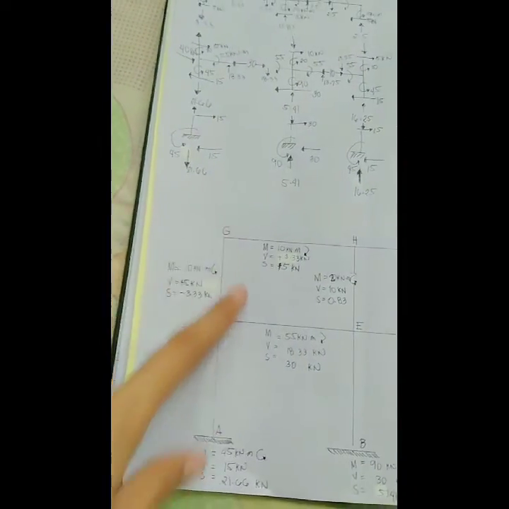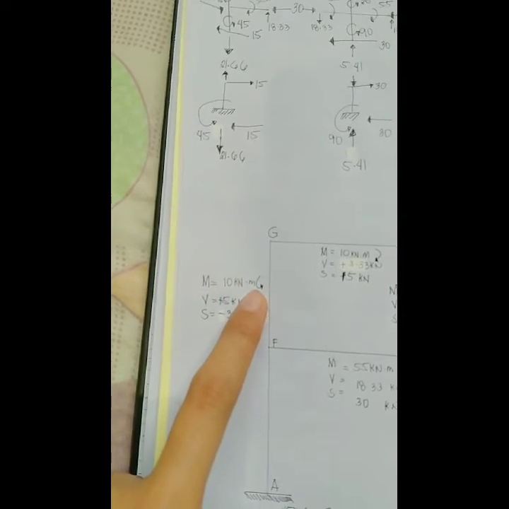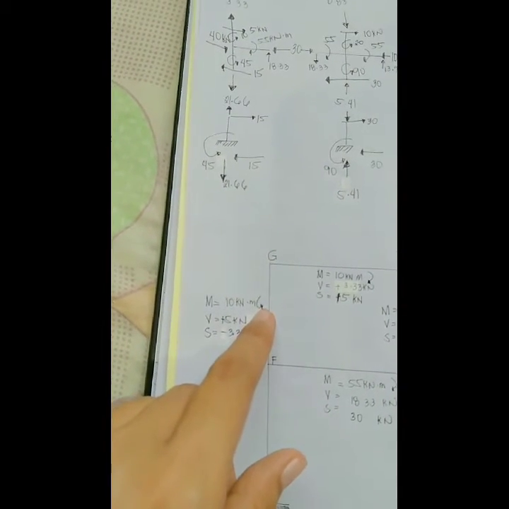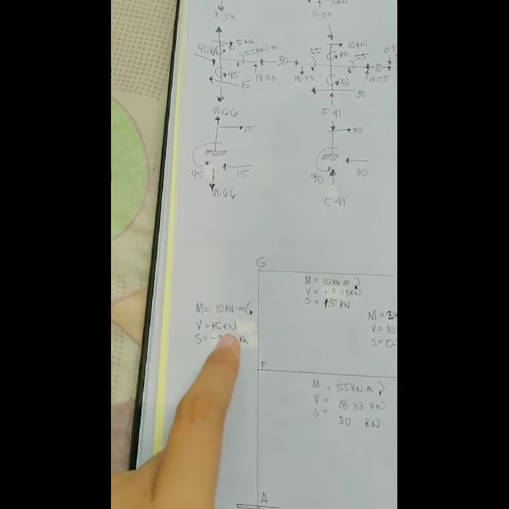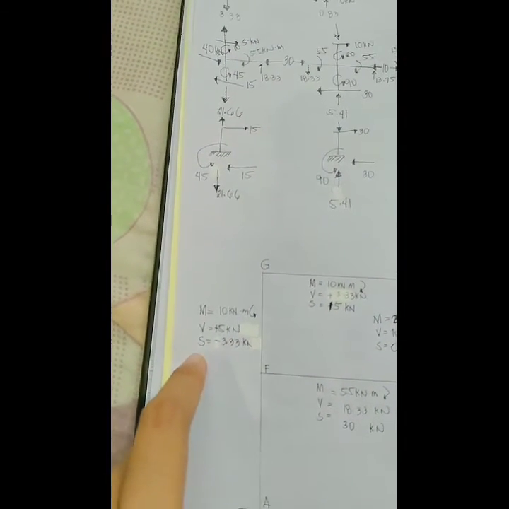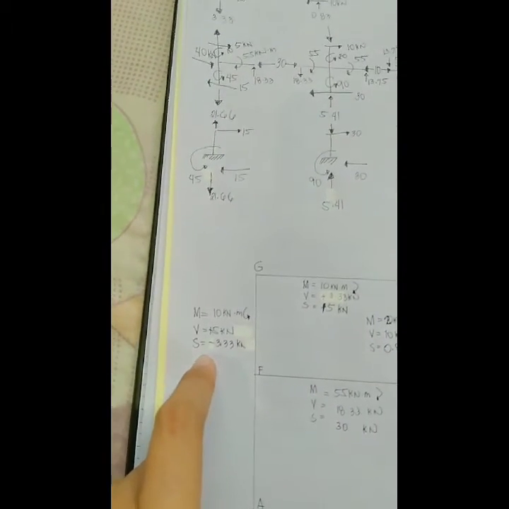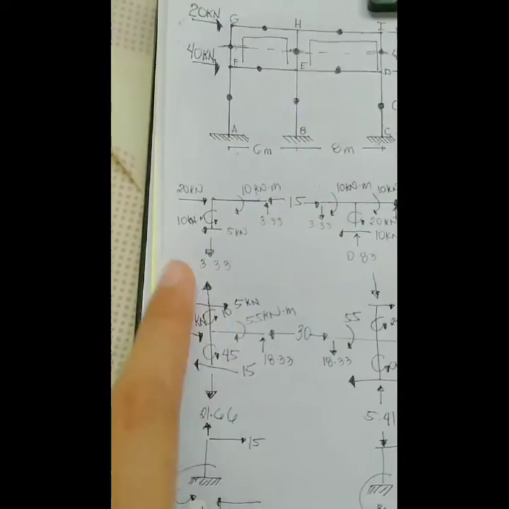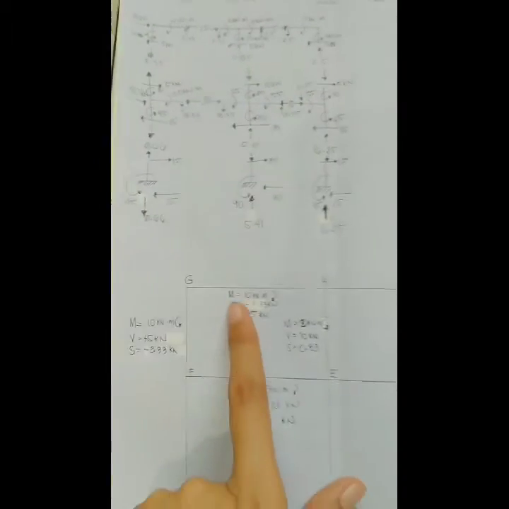So, dito sa G to H, ang nakuha nating moment is 10 kilonewton per meter, which is counterclockwise. Ang ating shear force is 5 kilonewton at ang ating axial forces is 3.33 kilonewton. Negative kasi pababa. So, eto siya, 3.33 kilonewton. So, same lang ng gagawin. Nilalagay natin dito yung mga value na nakuha natin.